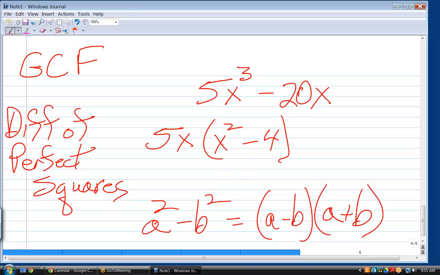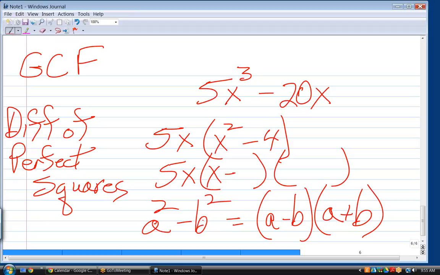So, how does x squared minus 4 factor? What's a going to be? Right now, the x squared matches the a squared. So, x must be a, or a must be x. So, it's x minus what?